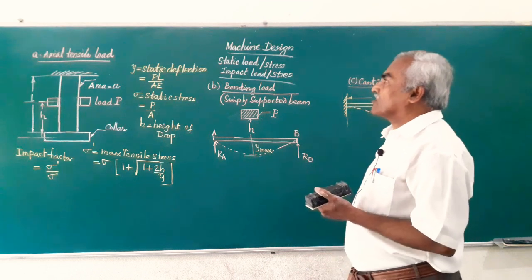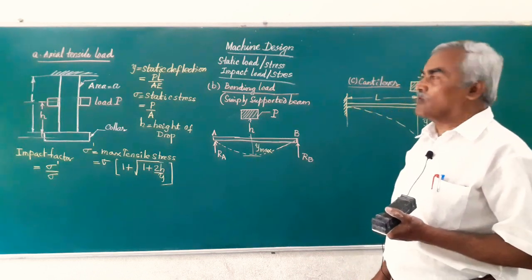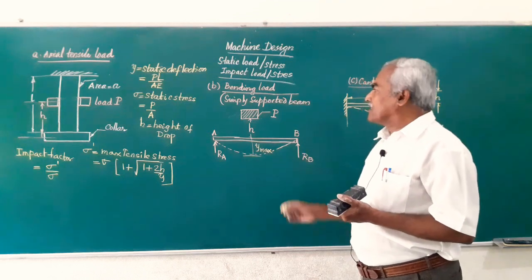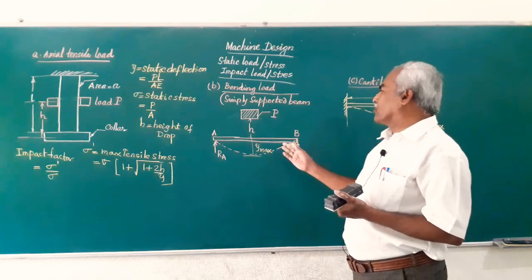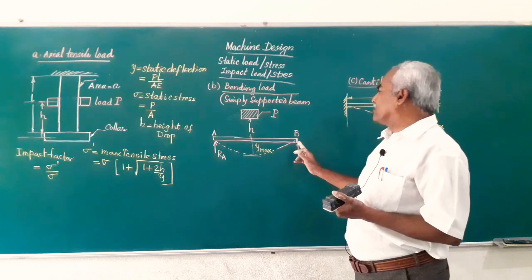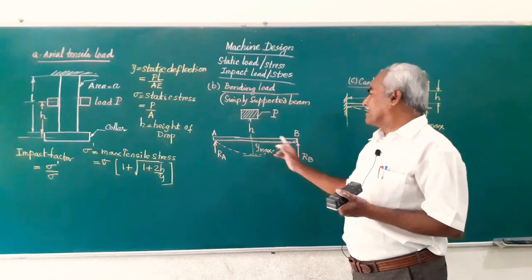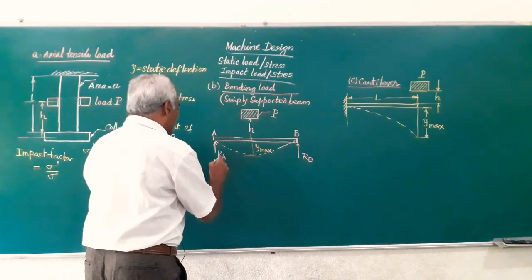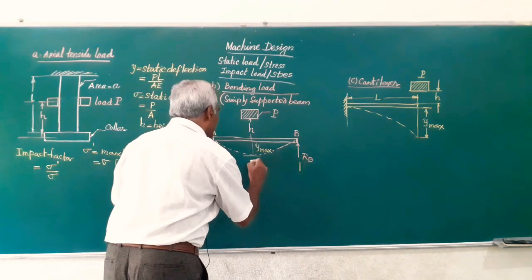Friends, after studying the axial tensile load, let us come to the bending load. And in this case, friends, I have shown a simply supported beam supported at A and B. It has a length, say capital L is the total length of the member.